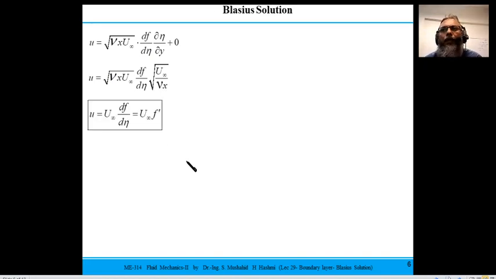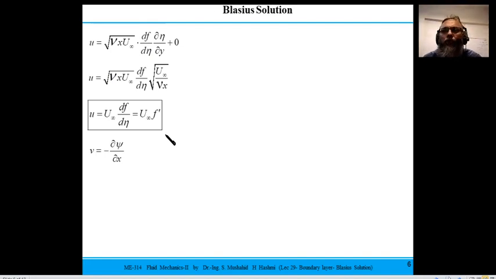So now I have df by d eta, which in a shorter notation I can write as f prime, and the nu x and nu x cancel out, and the square root of U infinity and the square root of U infinity becomes U infinity. So I have got u equals U infinity times the first derivative of the function f, which I am writing with the notation f prime.